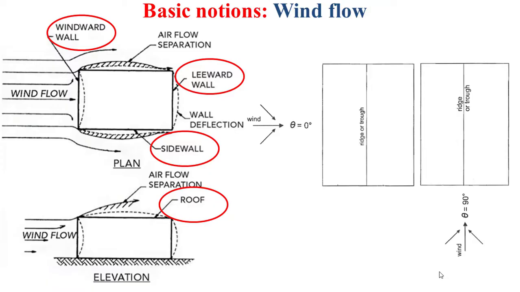The dimension of the wall on which the wind is directly blowing is called the crosswind breadth, and the dimension of the wall parallel to the wind direction is called the in-wind depth. And as you can notice, the crosswind breadth and the in-wind depth are variable depending on the wind direction.